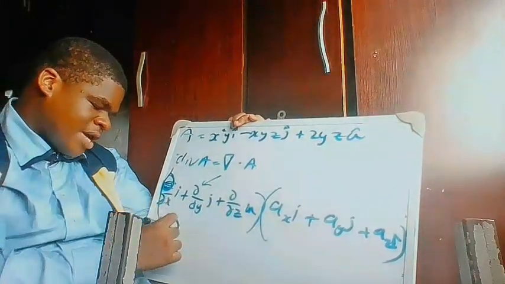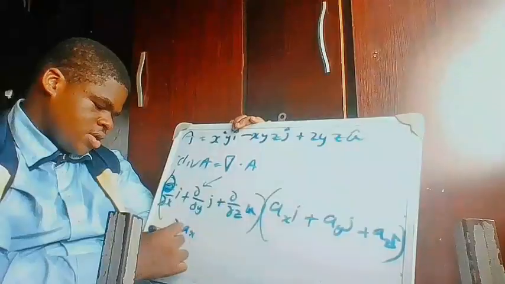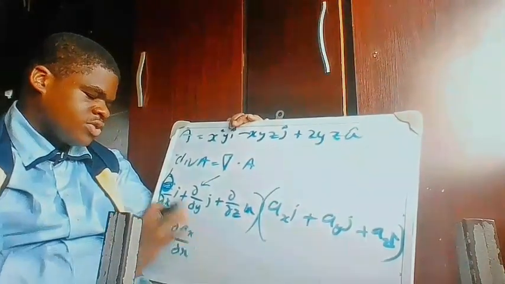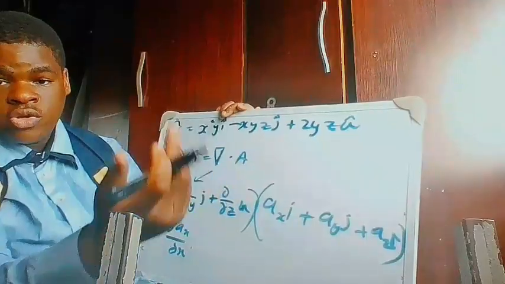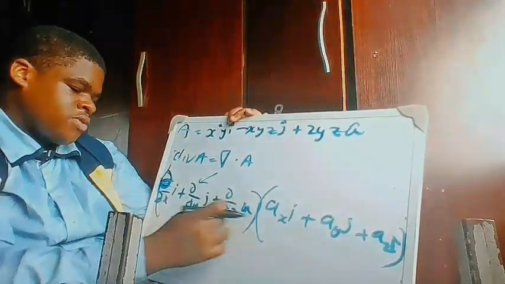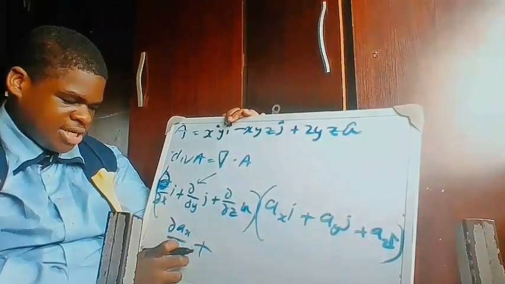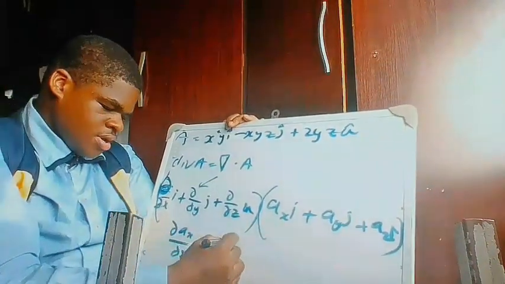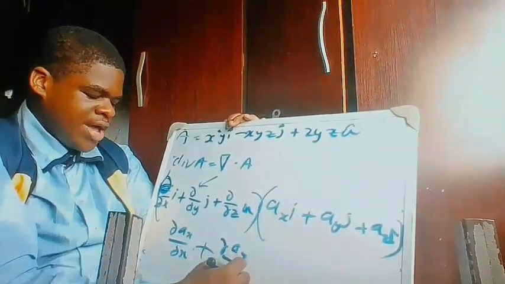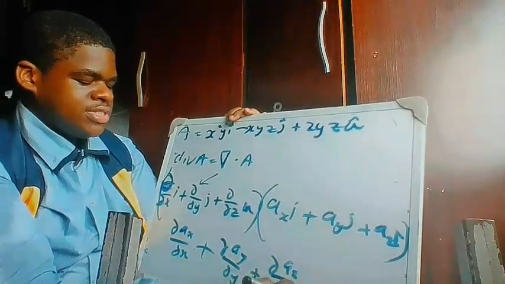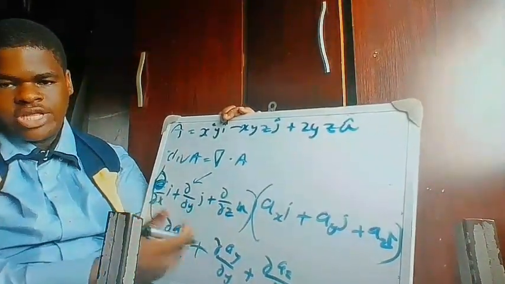We are going to have the partial Ax, partial x. No, not i again, because i dot i is basically just 1. So they're not going to put i again here. So that's partial Ax plus partial Ay with respect to y plus partial Az with respect to z. So that's basically how they got that simplified version.